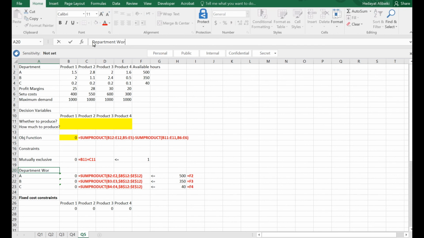Department, mutually exclusive product 1 and 2.